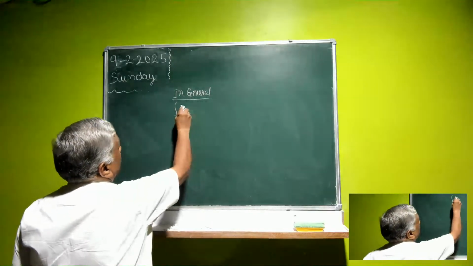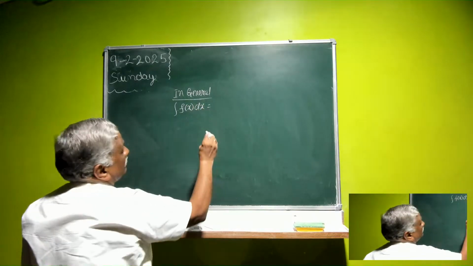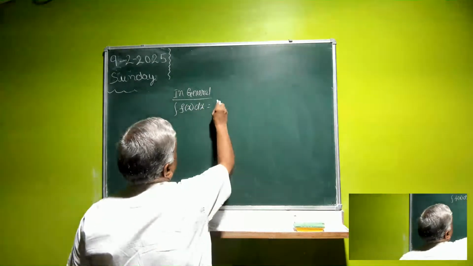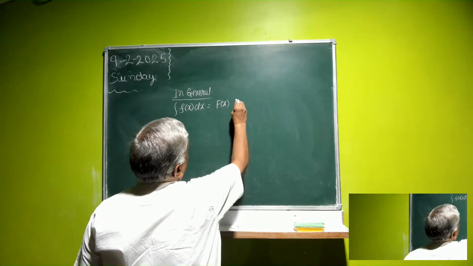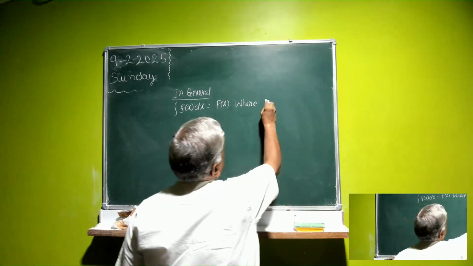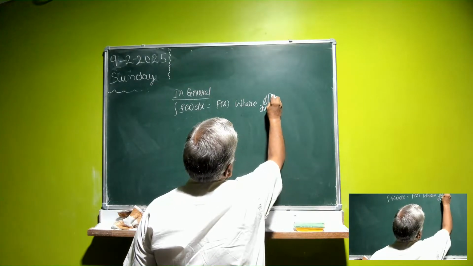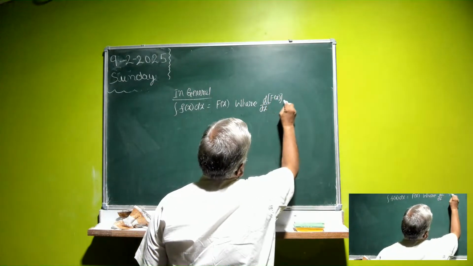Integration of f of x dx is equal to capital F of x, where d by dx of capital F of x is equal to small f.